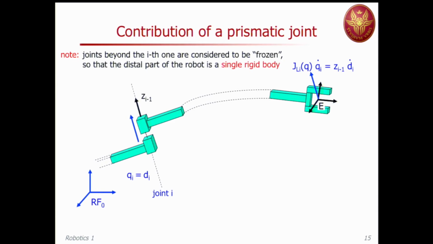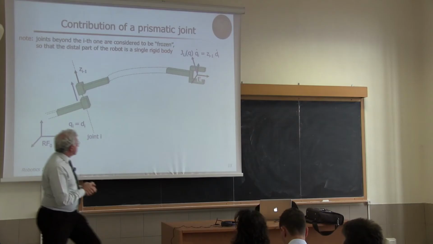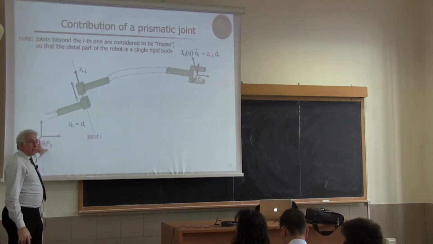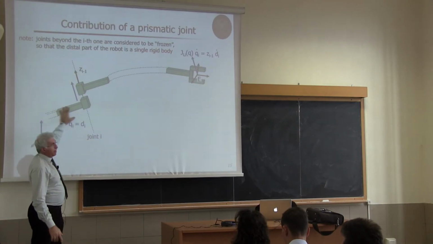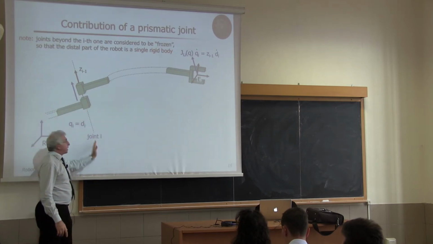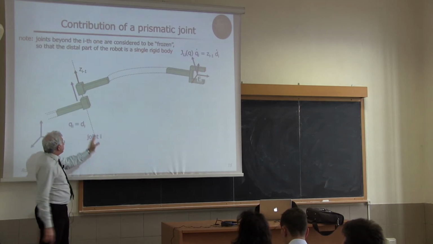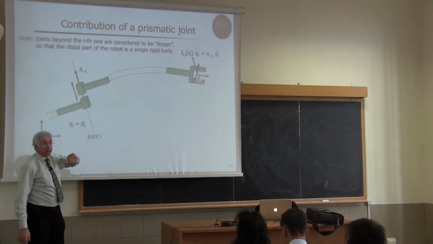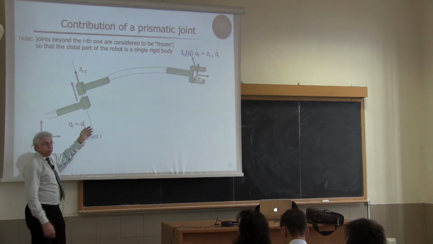So now consider a generic joint in the structure, and the simplest case is the prismatic joint. Here we have the base, we have a chain of links up to the generic joint i, and we assume that this joint is prismatic. So let's define something.